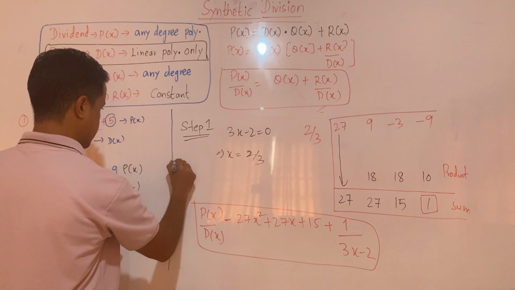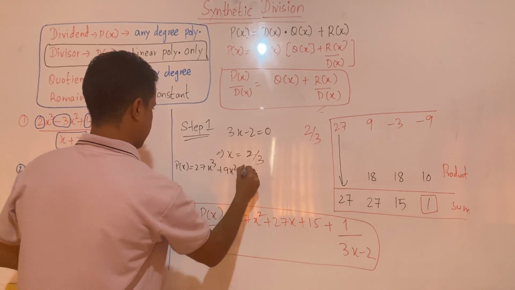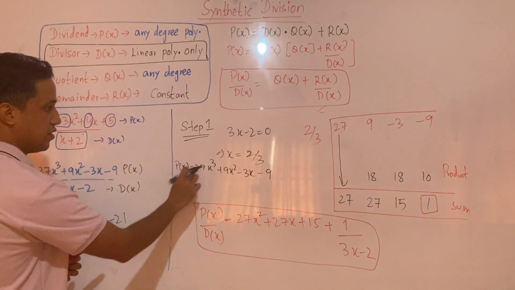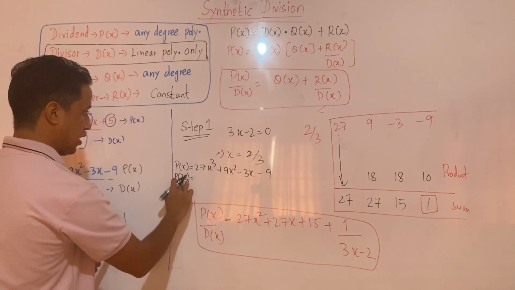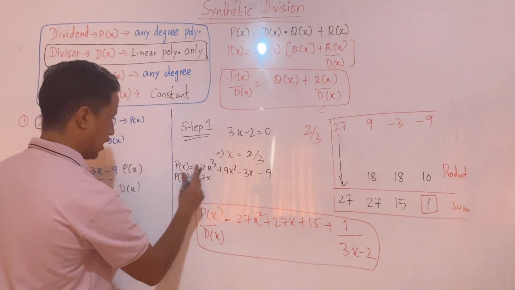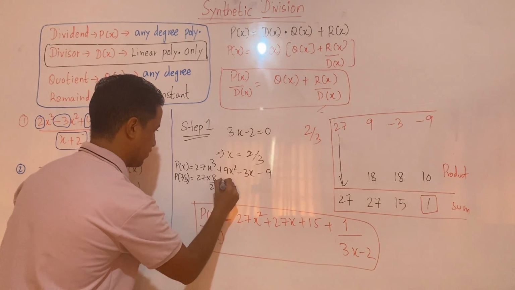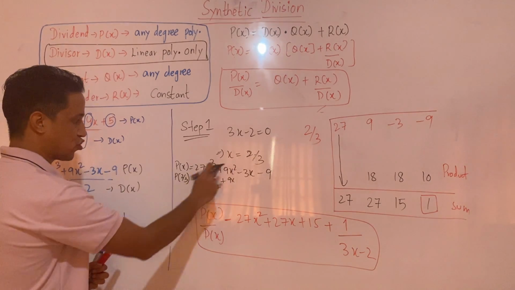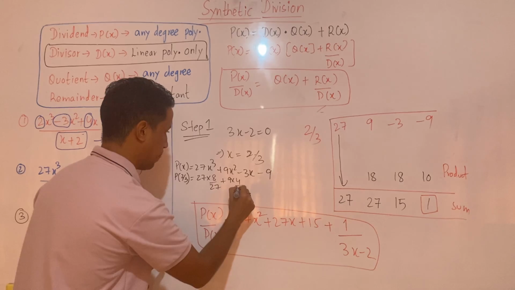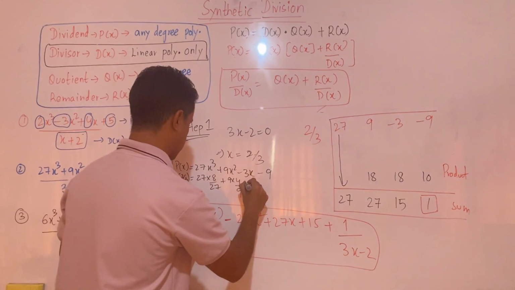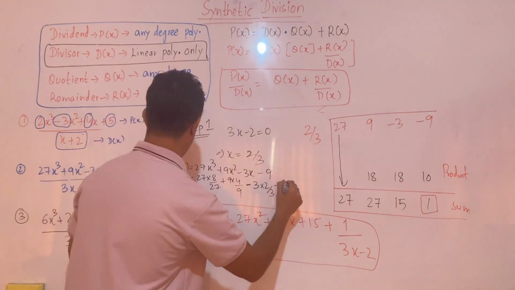This is your px, 27x cubed plus 9x squared minus 3x minus 9. Here put the value of x as 2 by 3. So if you put 2 by 3, it will be 27 multiplied by 8 by 27, plus 9 times x squared, 2 by 3 squared, so it will be 4 by 9, right? Minus 3 times 2 by 3, and here minus 9.